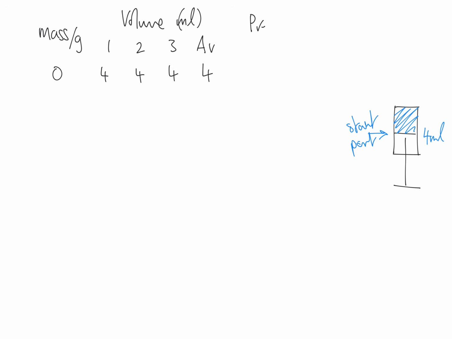I then need to work out the pressure associated with that in kilopascals. I know that air pressure is 101 kilopascals, i.e. the pressure at the start point. And then finally, I'll want to know the change in volume in millilitres again, that's okay.